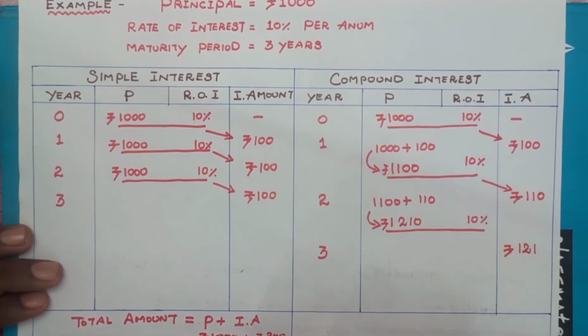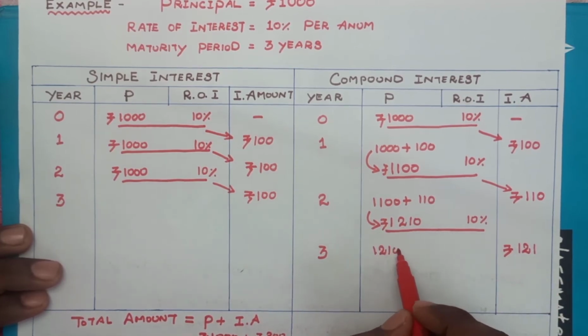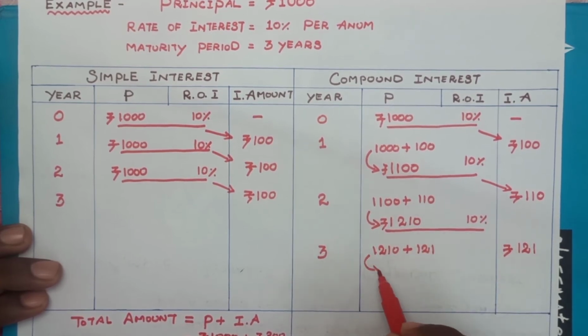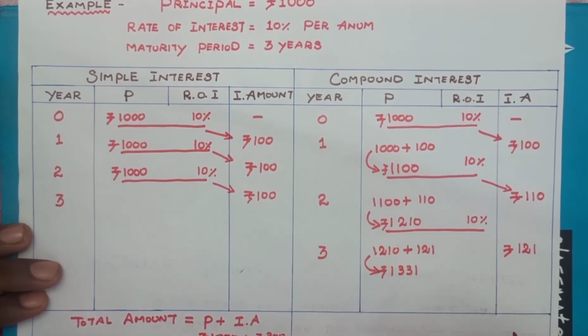And we know your principal will be accumulated by your interest amount of the particular year. So 1210 plus 121, you will get 1331 Indian rupees. So finally you will get the accumulated principal 1331.